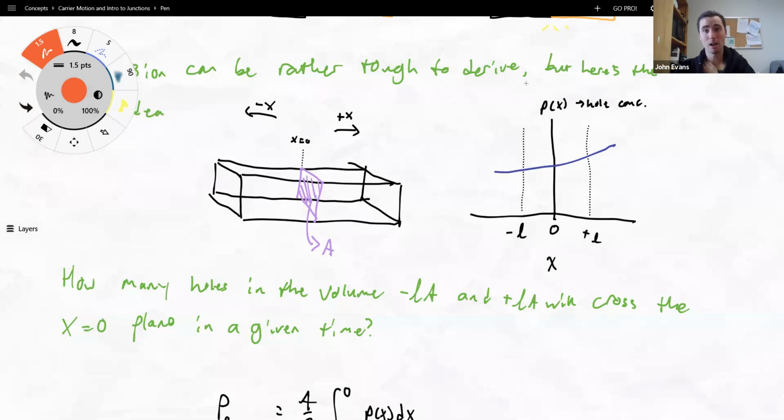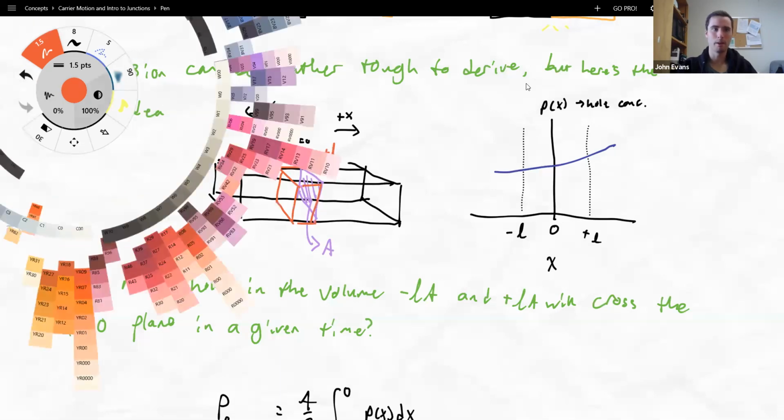We can take the time to be arbitrary, but we'll say the mean free time. So if this is x equals 0 right there, this is negative L right there, and this is going to be positive L. So how many electrons on this side are going to go past this barrier?